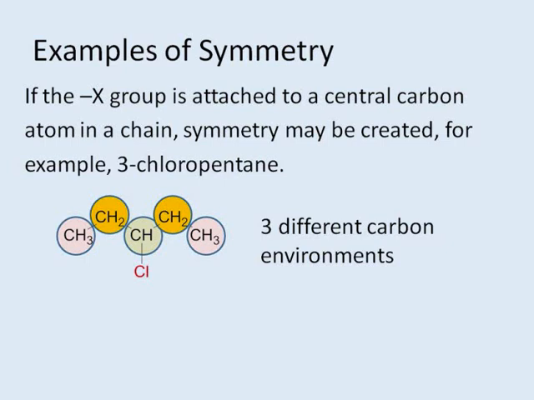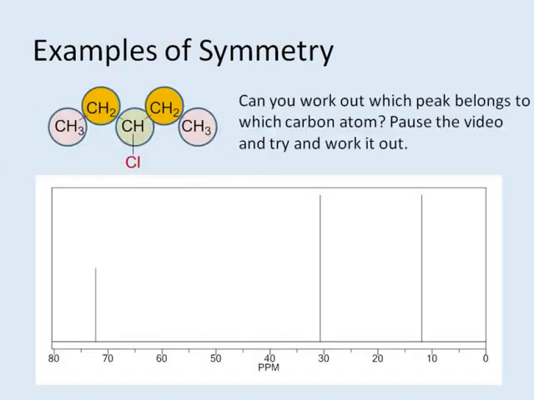As we can see, in 3-chloropentane, the symmetry of the molecule creates three different chemical environments. Here is the carbon-13 NMR spectrum of 3-chloropentane. Using what you have learnt so far, can you identify which peak belongs to which carbon atom? Pause the video and try and work it out.